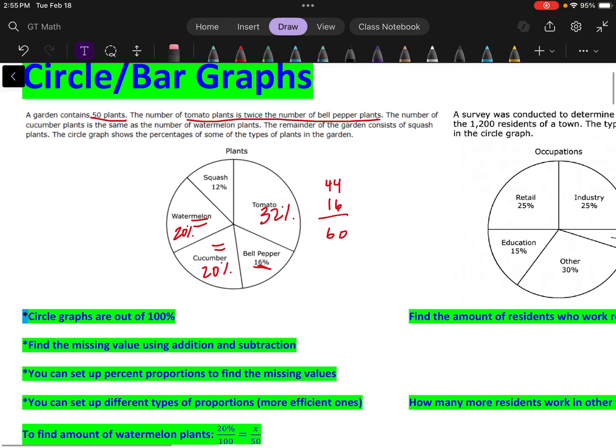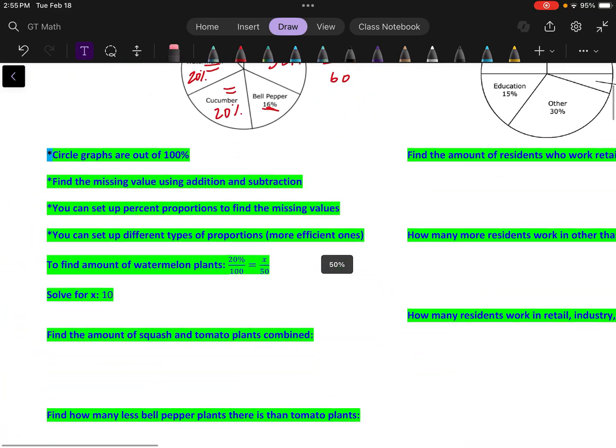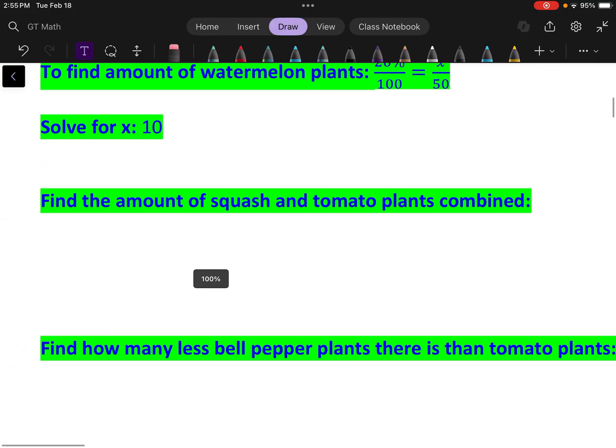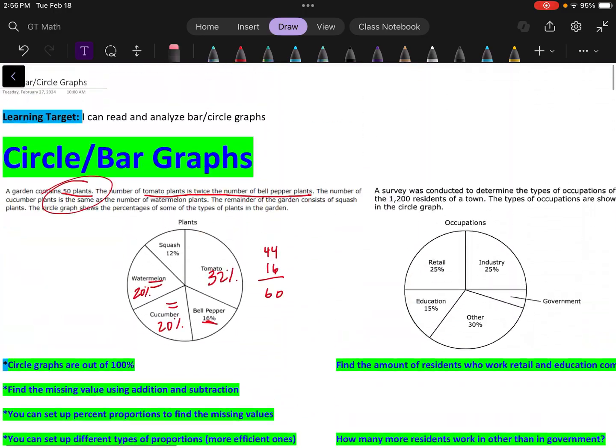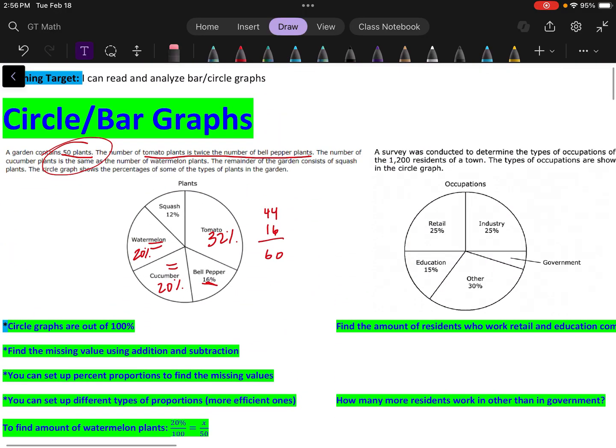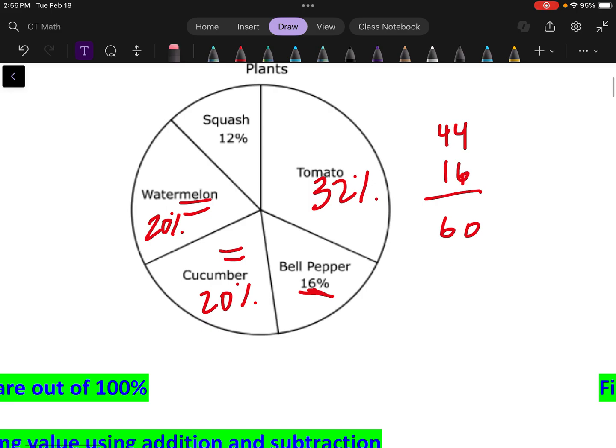But now that we got this, it's talking about a garden contains 50 plants. So, if I want to figure out of 50 plants, I can set up proportions, okay? So like find the amount of squash and tomato combined. Well, I could make two proportions, or I could just figure out the percent of tomato and squash, which is 12 and 32, add it up to get 44.